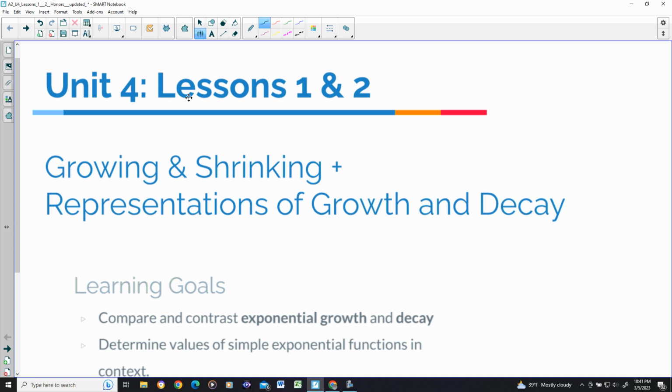The main difference between the two, if you recall, was in what we had, a growth factor, right? And we had an exponential function that looked something like this.